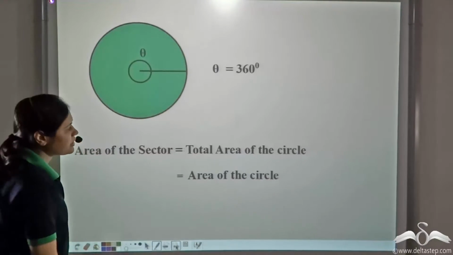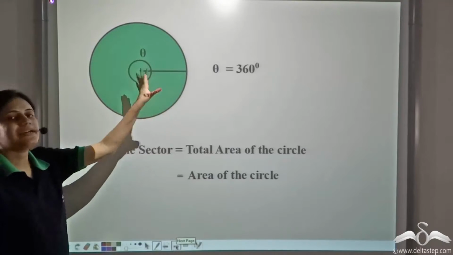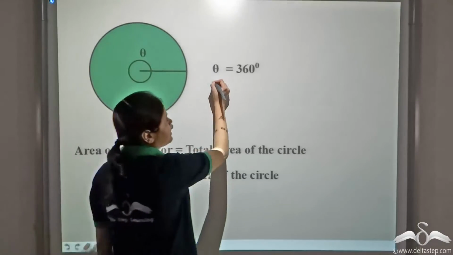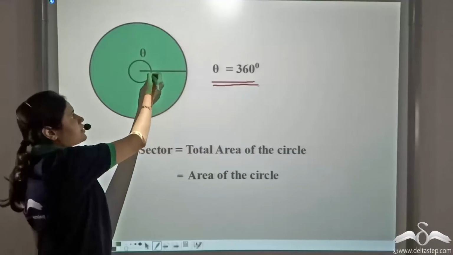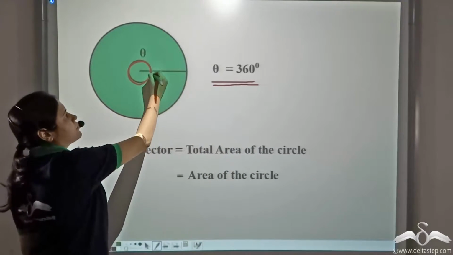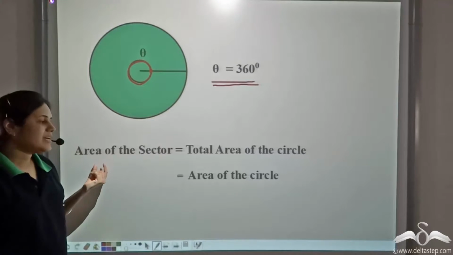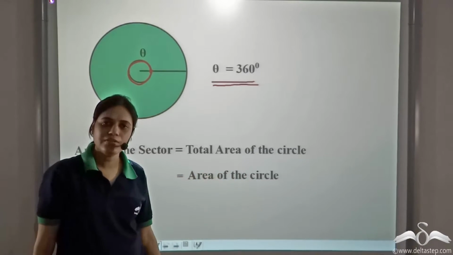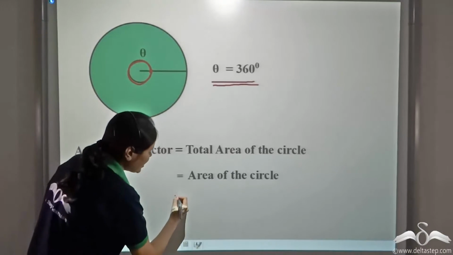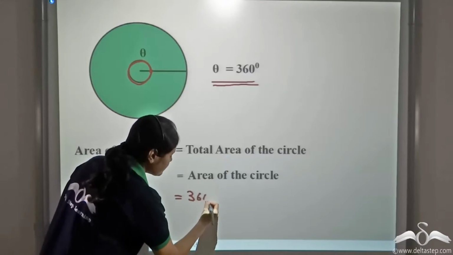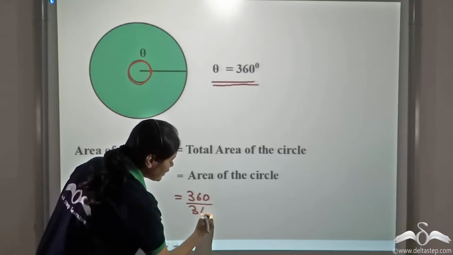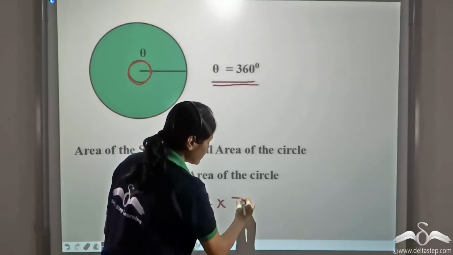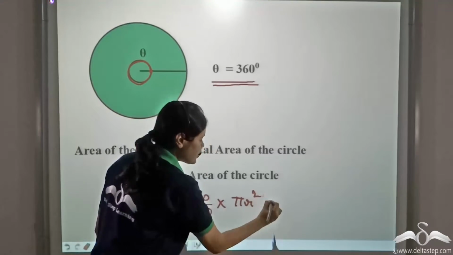Now if we consider the entire circle as the sector, the angle subtended will be 360 degree, because we consider the entire circle. In that case, the area of this sector will be the total area of the circle. So we can write this as 360 by 360, which is 1 into area of the circle, which is pi r square.